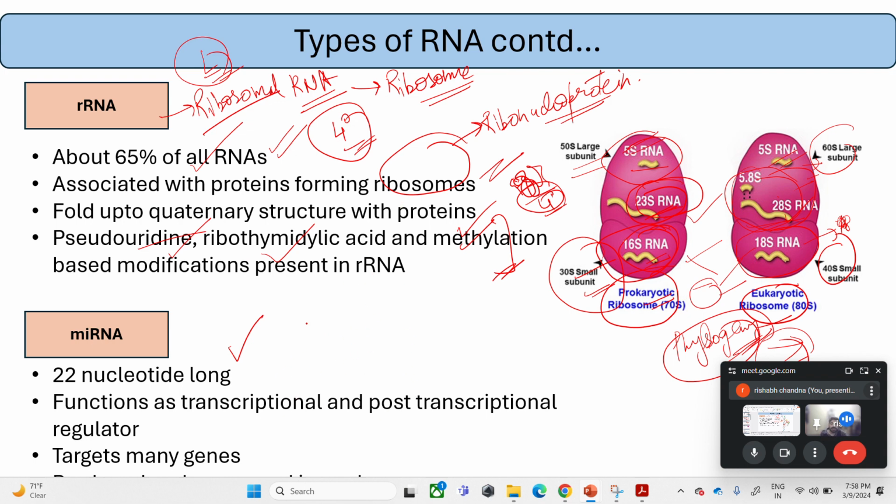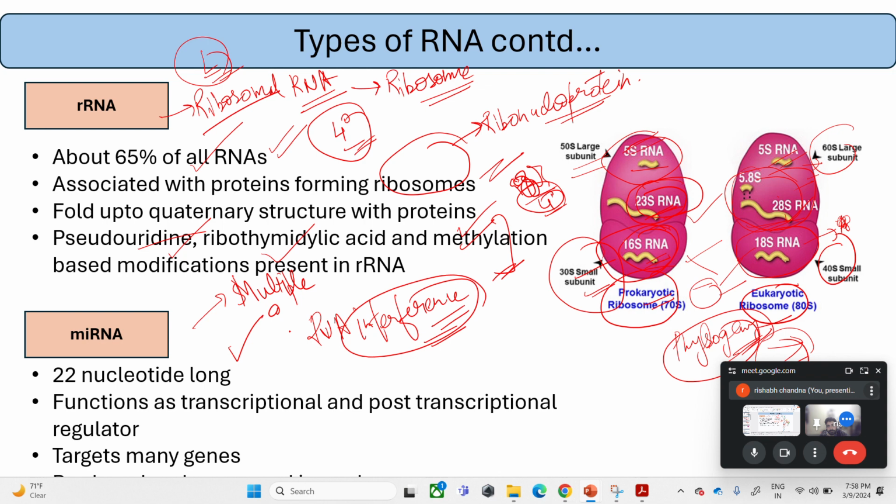The proper mechanism of how miRNA functions and how RNA interference happens, which helps in the regulation of the expression of genes, we'll talk about later. The major property of microRNA is that it is not specific to a single gene, it targets multiple genes.